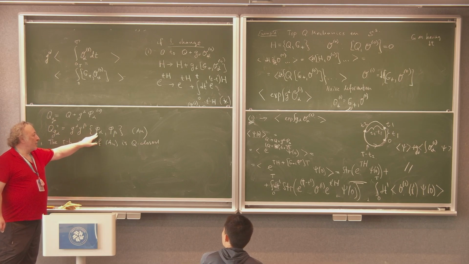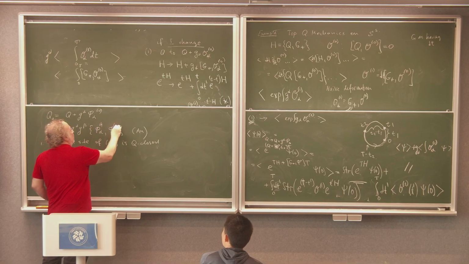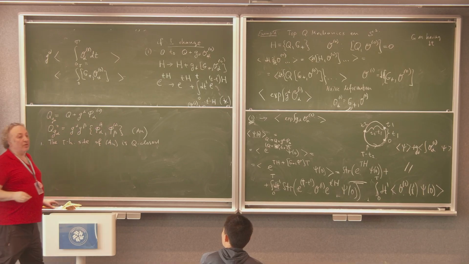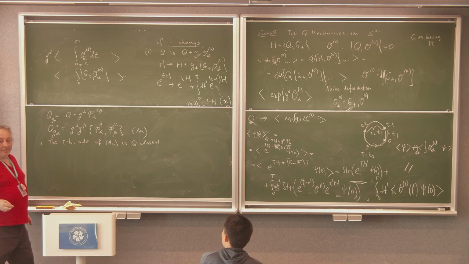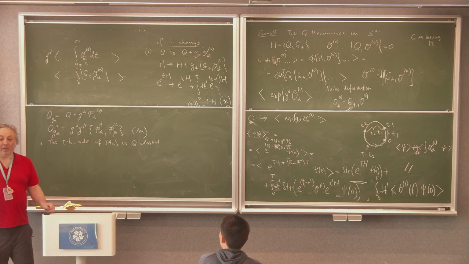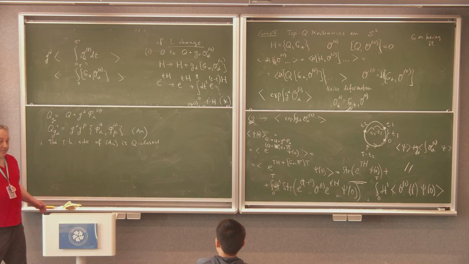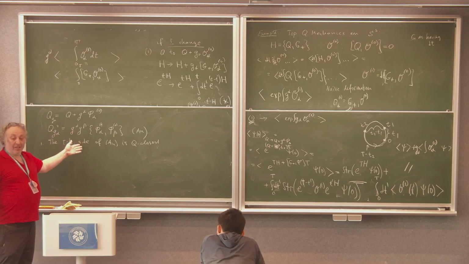Q kills phi alpha 0, so it kills their commutator. Later, we will interpret this phenomenon as a phenomenon of closeness of boundary contribution. But at the moment, let us just observe.